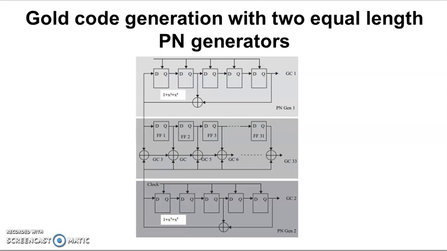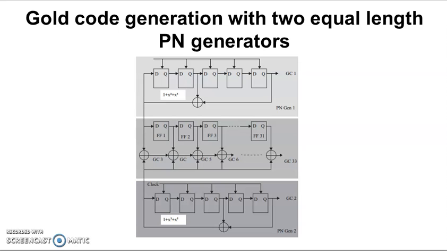So a gold sequence, or gold code as it is often called, removes this constraint of maximal length. Gold sequences are generated by a modulo 2 addition of two PN sequences of the same length.